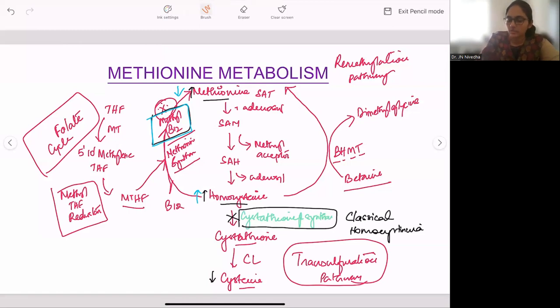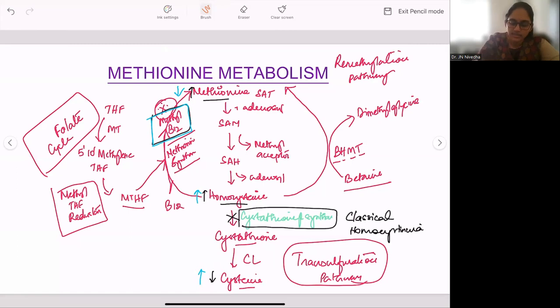Increased homocysteine will go into increased formation of cysteine. Herein also you have homocysteine in urine, lower levels of methionine, and high levels of cysteine. So this is another type: homocystinuria due to B12 deficiency.